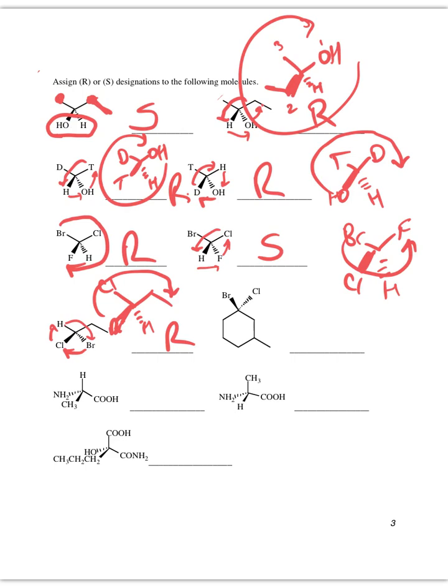Okay. Then the last 3 get tricky in that you're going to try to add up the weight of the whole group. It doesn't matter what the group is. We start with the atom off of the stereocenter for hydrogen, carbon, carbon, and nitrogen as our 4 groups. So nitrogen is the heaviest, hydrogen is the lightest, so nitrogen's 1, hydrogen's 4, and then we have the 2 carbons with a tie.